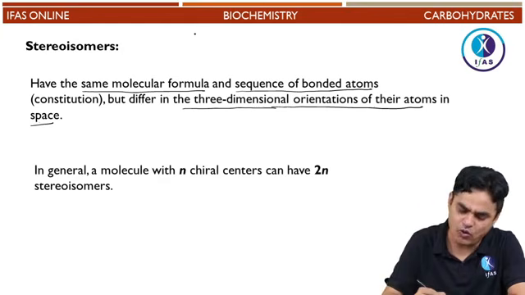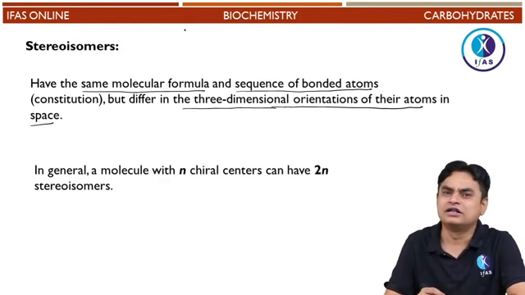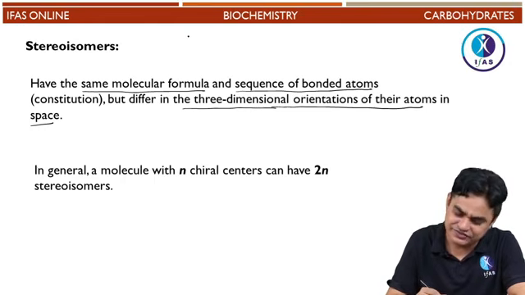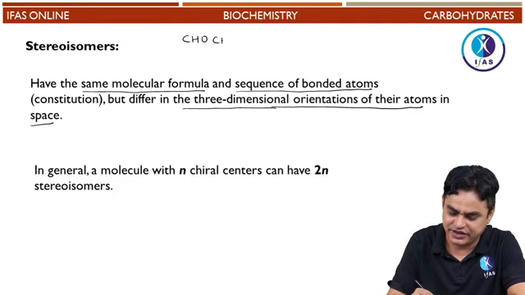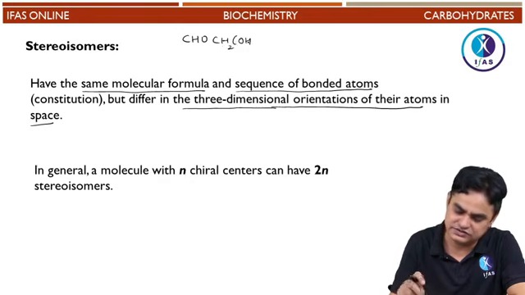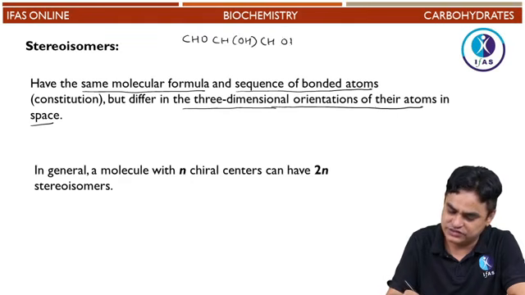So for example, all the aldehydic sugars will have this structure, that is CHO, then CHOH, CHOH, and so on, ending with CH2OH.